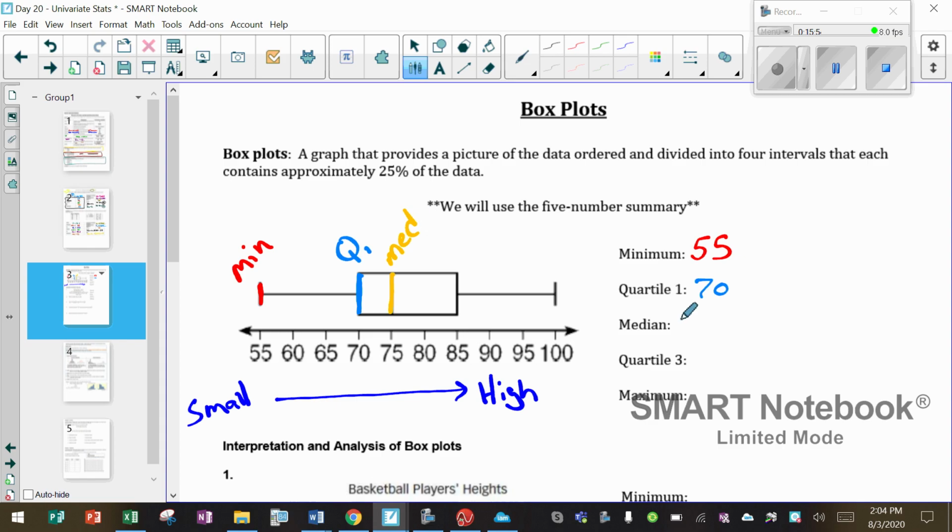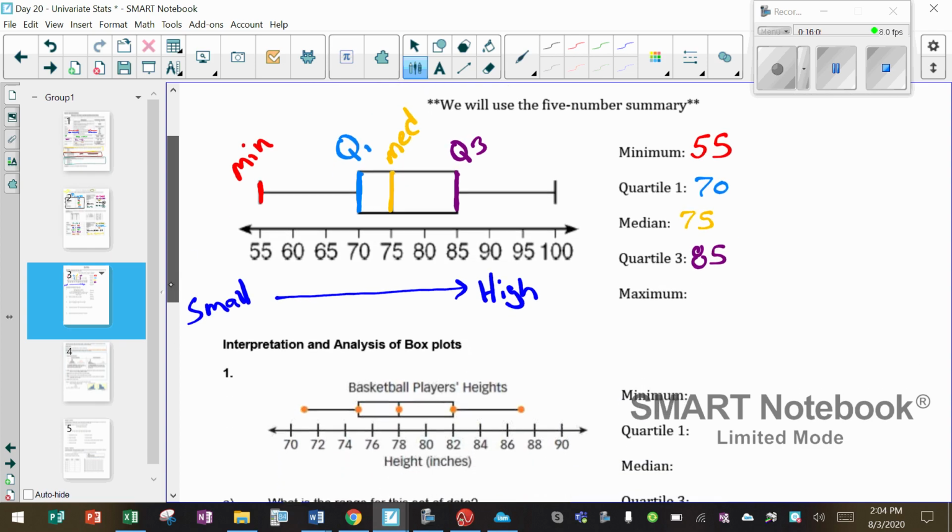So in this case, our median is 75. The other end of the box, which is why they call it a box plot, that's Q3, the upper quartile. So in this case, that is an 85. And the last vertical line on the graph is the maximum value. So in this case, that is 100.